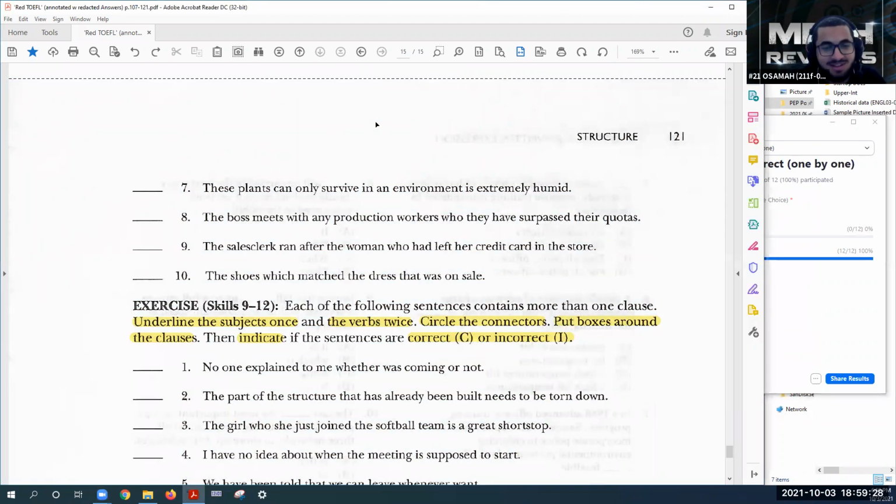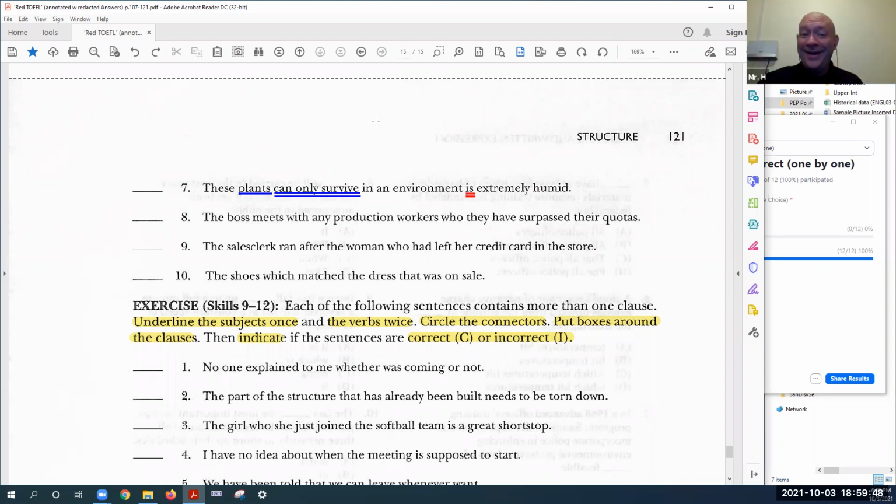It's incorrect because we have 2 verbs. Okay. Tell us. These plants, first subject. That's right. And it can only survive, first verb. In the environment is second verb. And we can't have a second verb in a sentence.